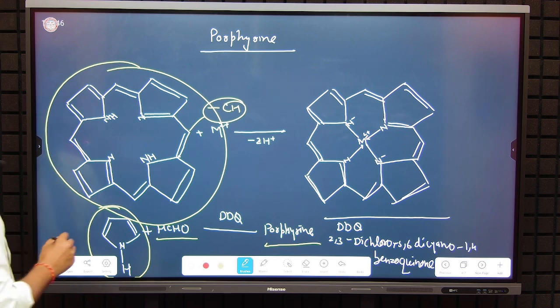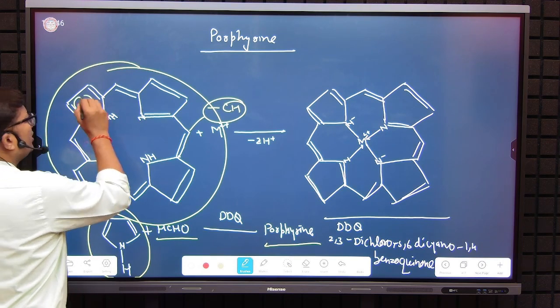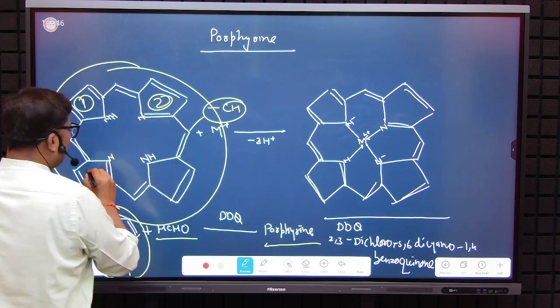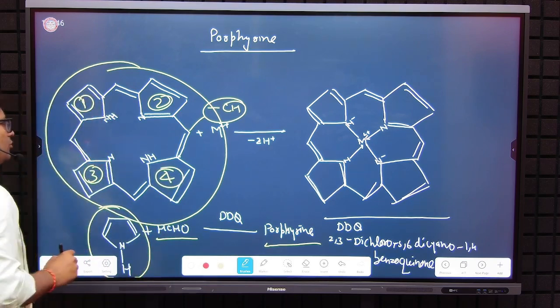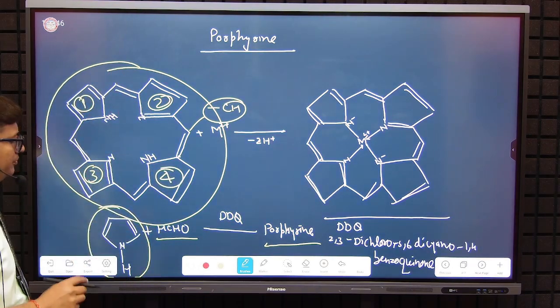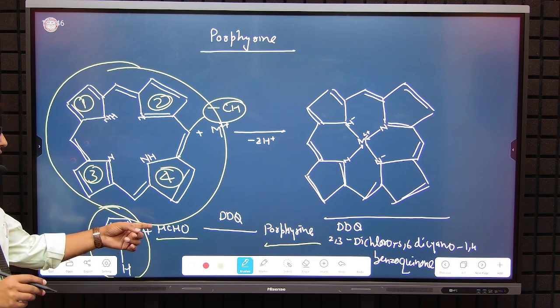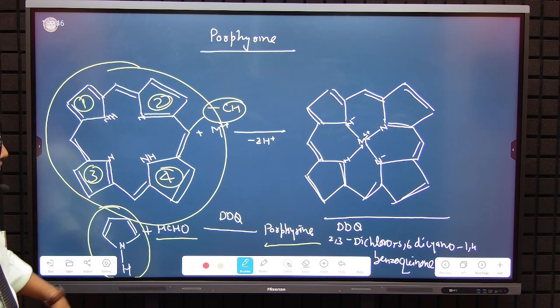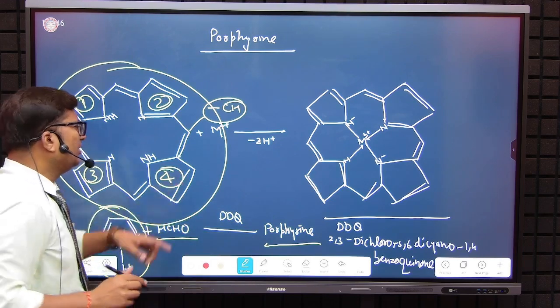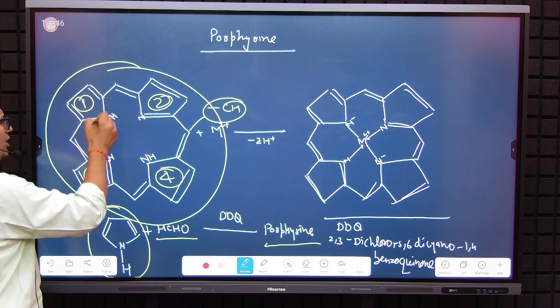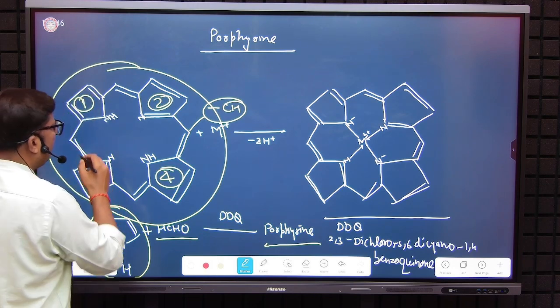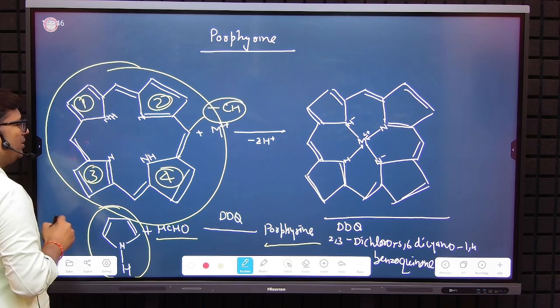So here is one pyrrole unit, this is the second pyrrole unit, this is the third pyrrole unit, this is the fourth pyrrole unit. So 4 pyrrole rings in the presence of HCHO form porphyrins, and each pyrrole ring is bridged with a CH group.